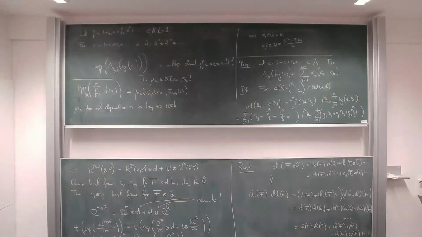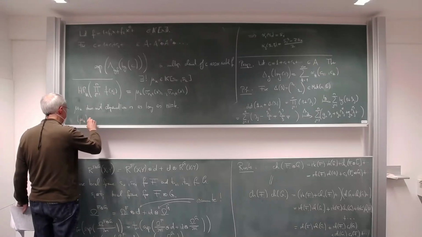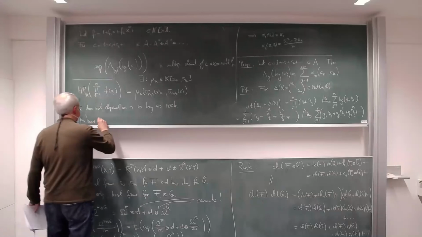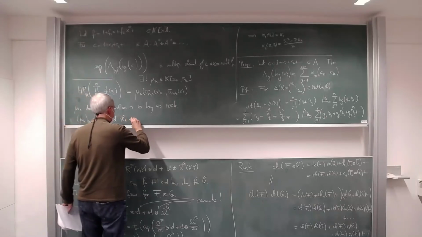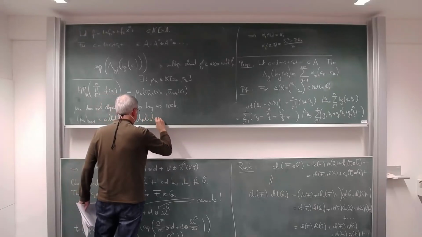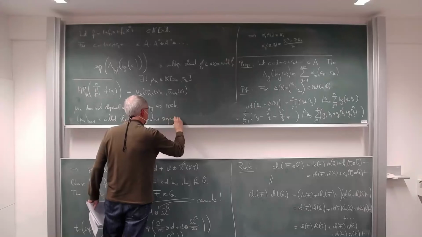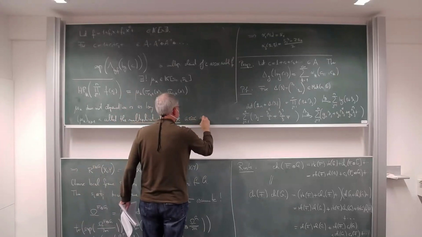It's the same argument as before. And then the sequence of uk's is called the multiplicative sequence associated with this power series f.